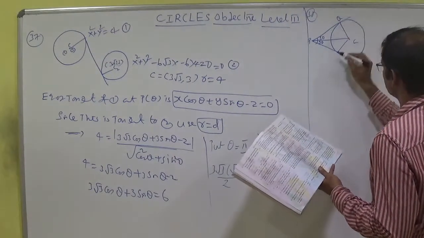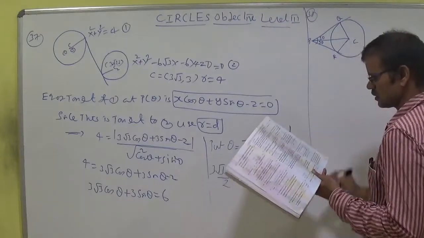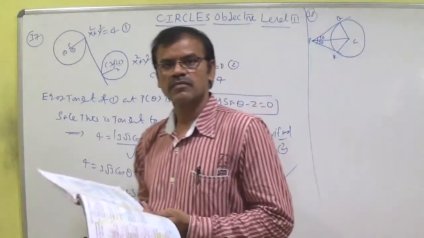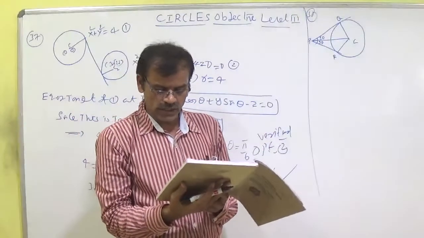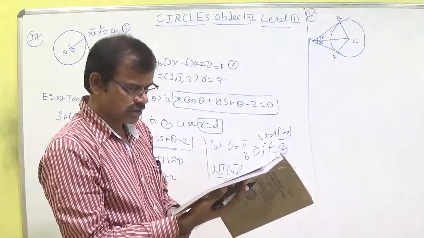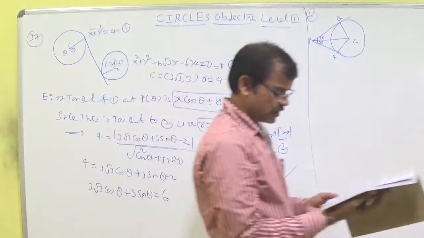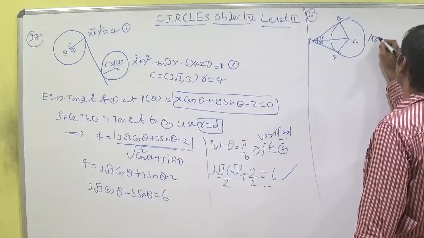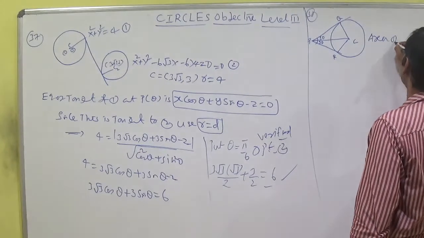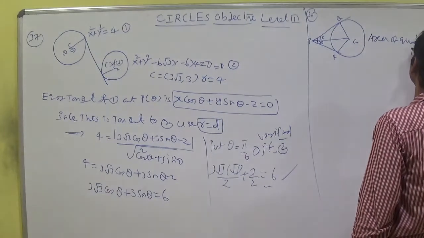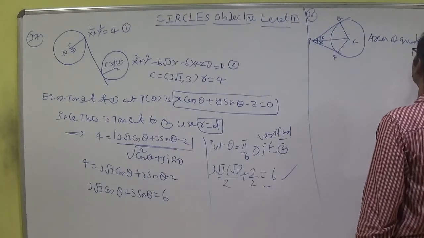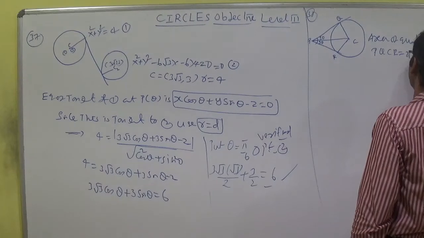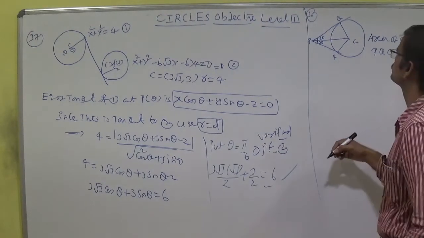Put here, this is Q, this is R. The area of quadrilateral PQCR is given by the formula r into root s11.